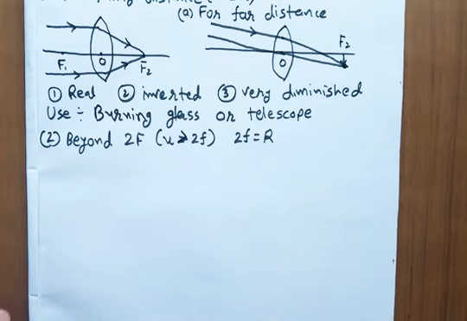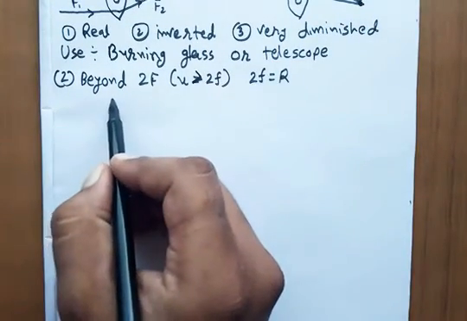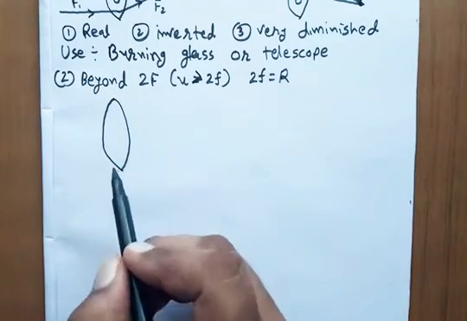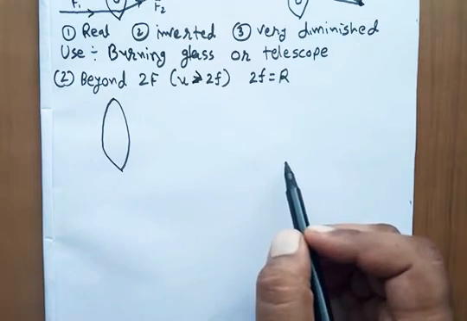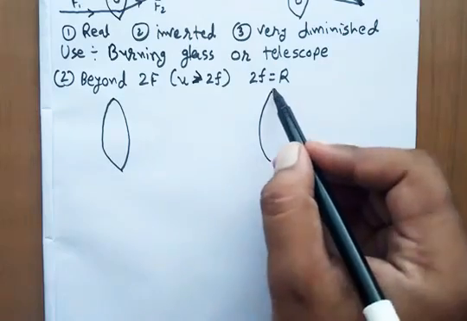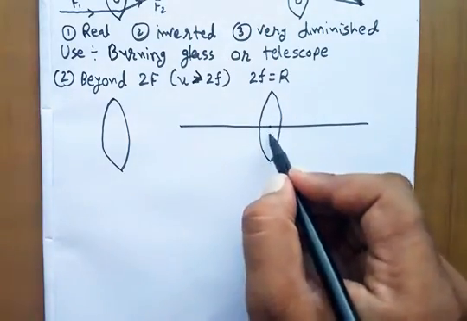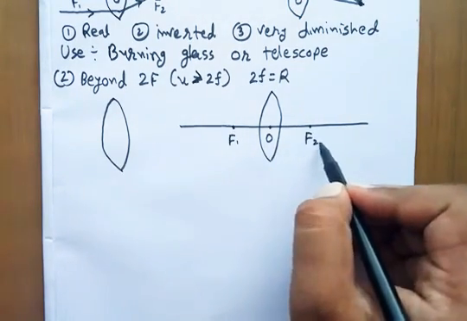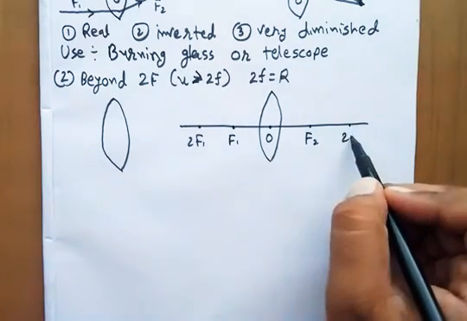Now I am drawing the figure for this classification. This is the principal axis, this is O, this is f1, this is f2, and this is 2f1 and this is 2f2.